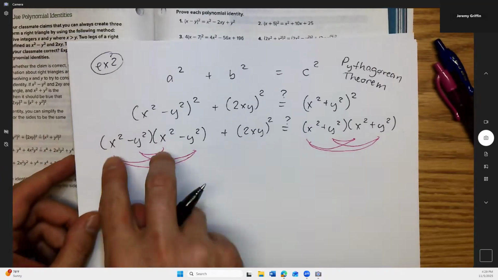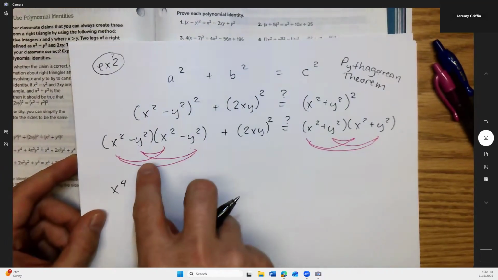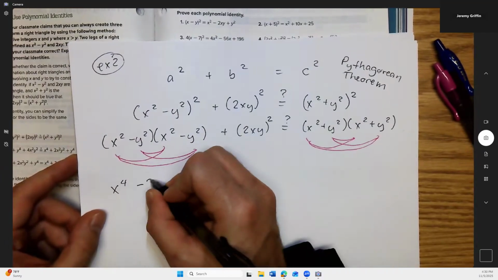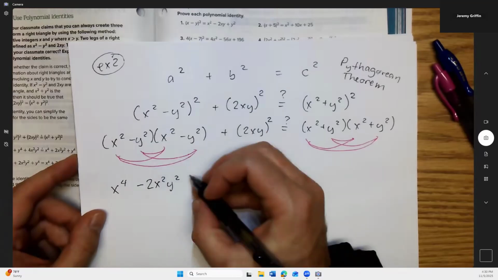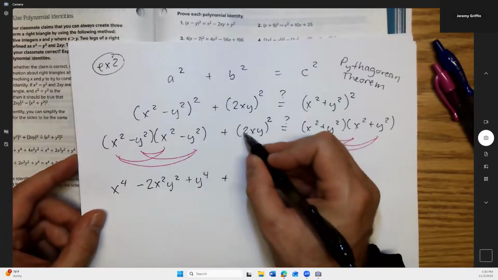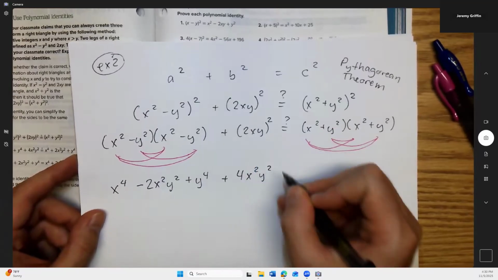So I got x to the 4, and then outside, inside, this is minus x squared y squared minus another x squared y squared. So it's minus 2 x squared y squared. And then negative y squared is positive y to the 4th. Then over here I have plus, now 2 squared is 4, and then that's an x squared and a y squared. Okay, so that's that.